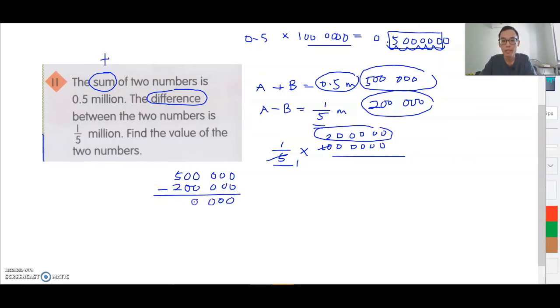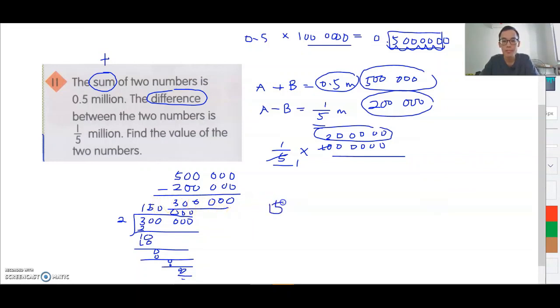We minus first, then I get 300,000. Then I divide 2. Why do I have to divide 2? Because there are two numbers, A and B, right? So we divide 2. The rest is all zeros. So the smaller number is 150,000.